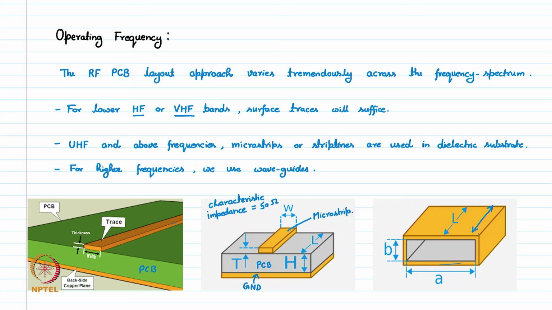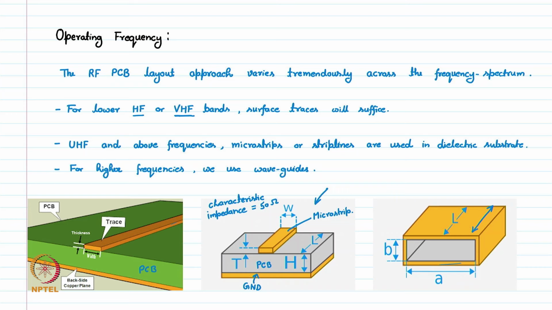So for very high frequencies we use this. However, for normal RF PCB design we mostly use microstrip or sometime strip lines. So majority of RF PCB we develop these microstrips.